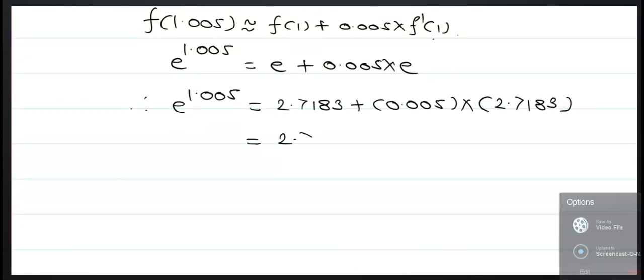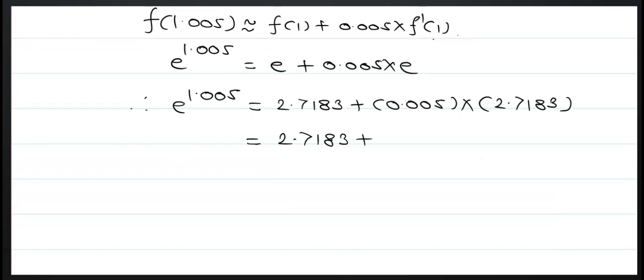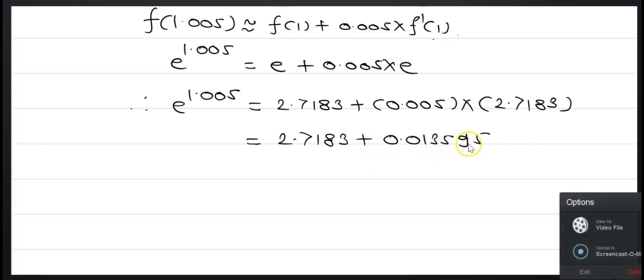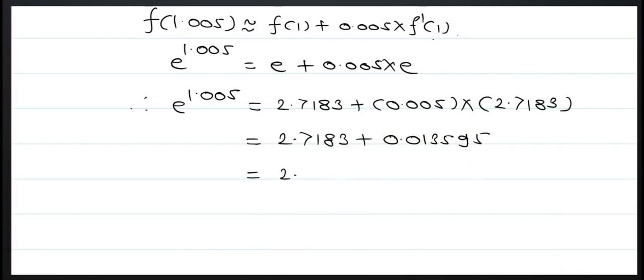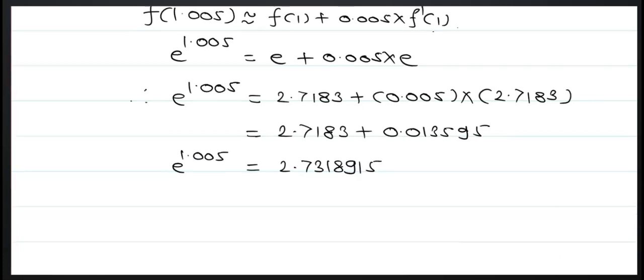Make their multiplication. The product is 0.013595. Add these two. Therefore, you will get 2.73189115.